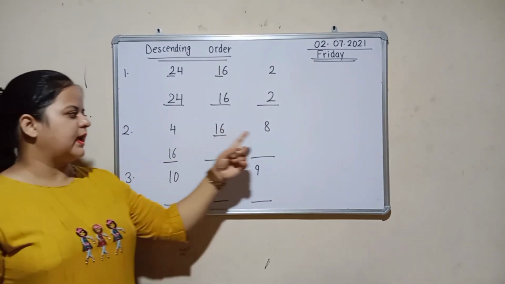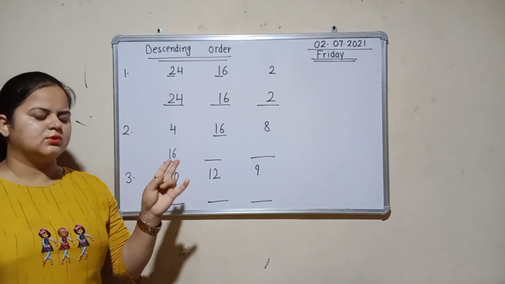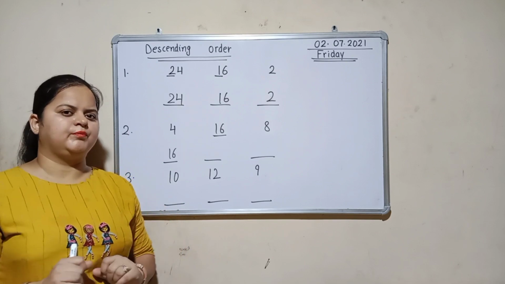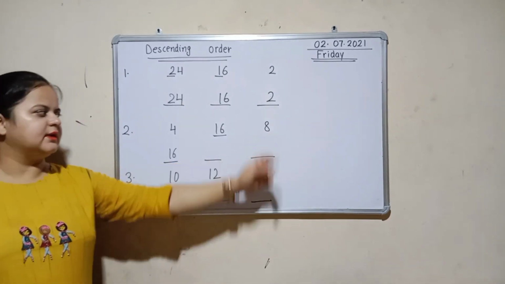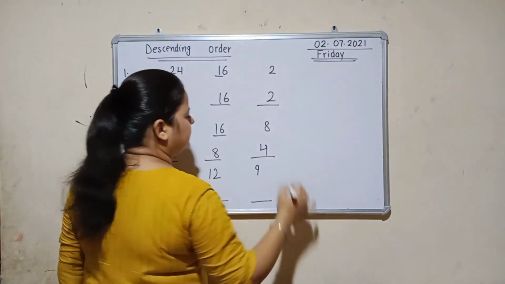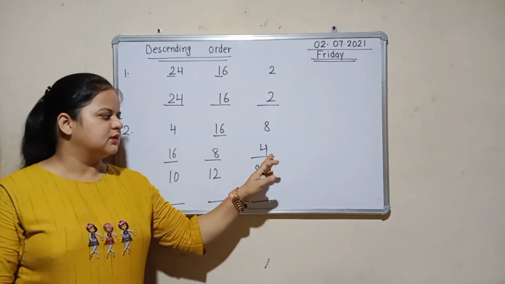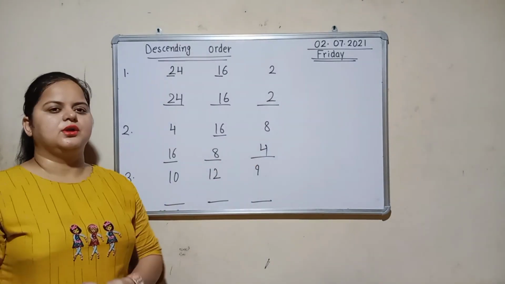Now from 4 and 8, which is the greater number, which is more in quantity? 8 is more than 4. So we will write 8 in the middle and 4 in last.